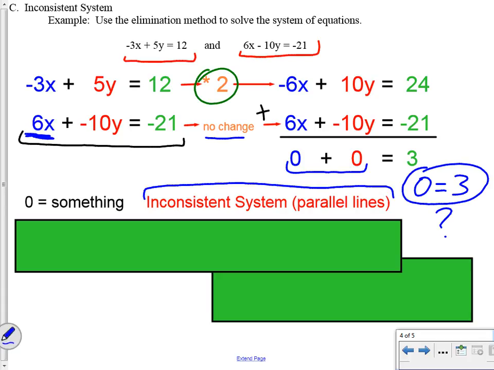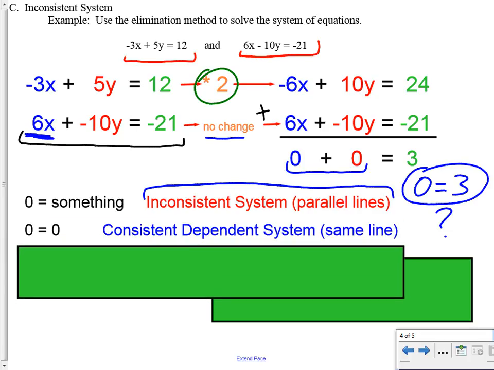That means we have parallel lines. If we were to solve these out in y equals mx plus b form, they would both say y equals something x, and it'd be the same number in front of x. They'll have the same slope, but the y-intercept, the b value, is going to be different. So 0 equals something shows that it's an inconsistent system with parallel lines.